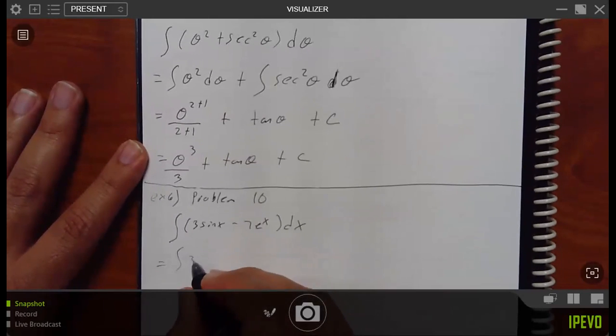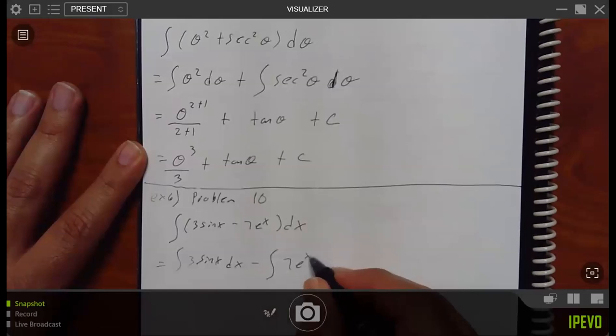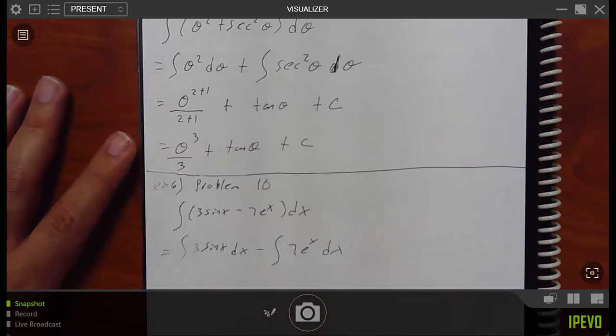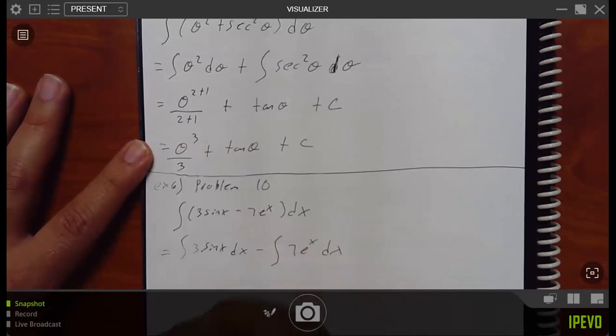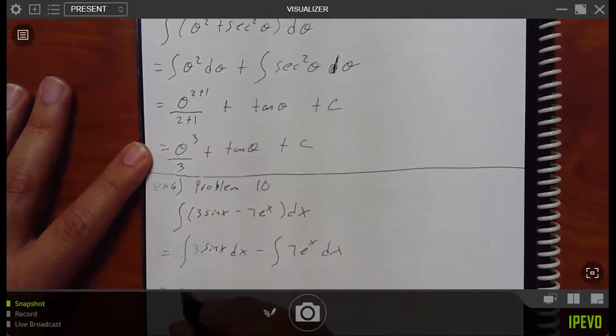So separate them, and then pull out the numbers that are in your way.